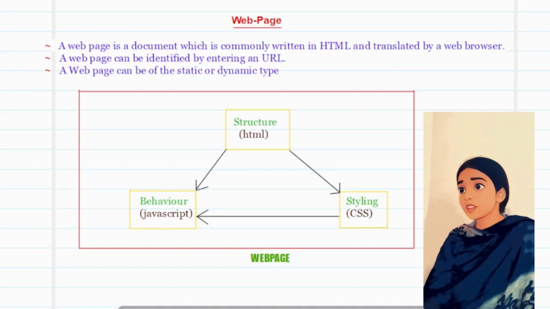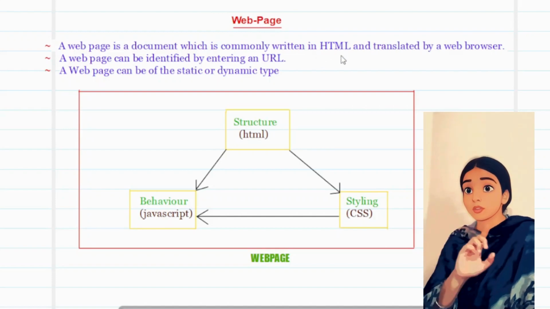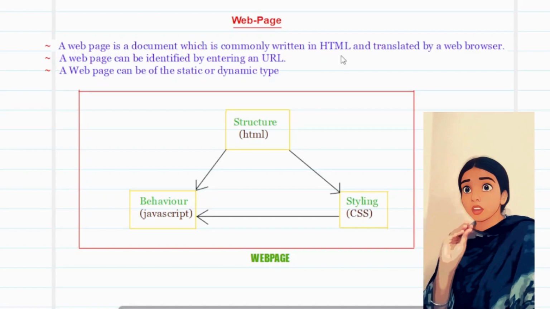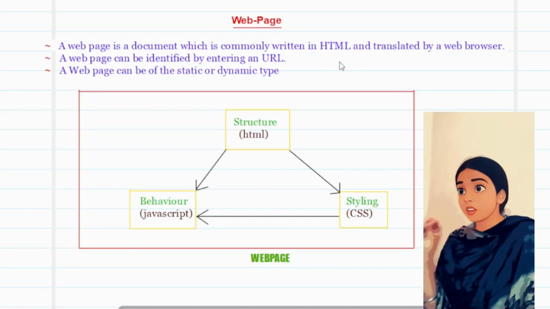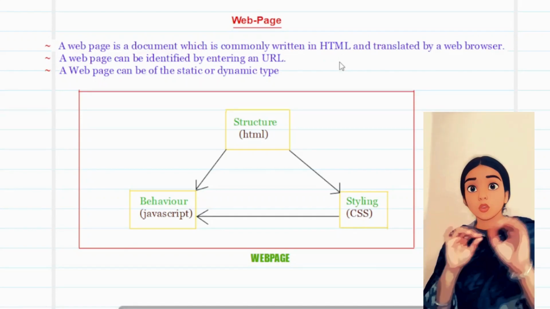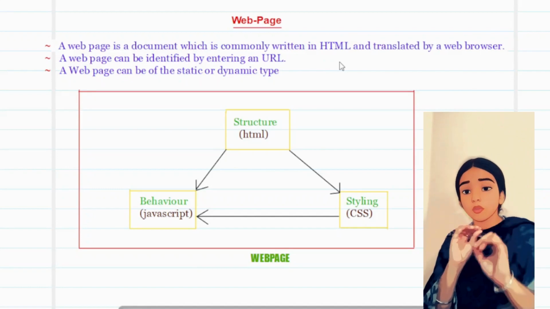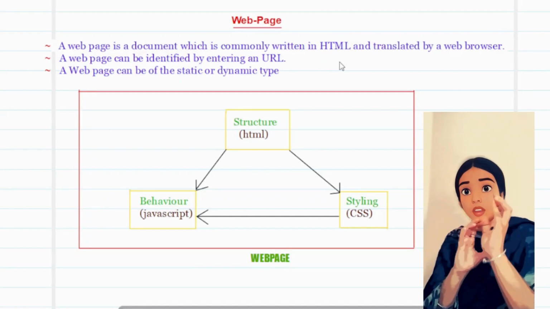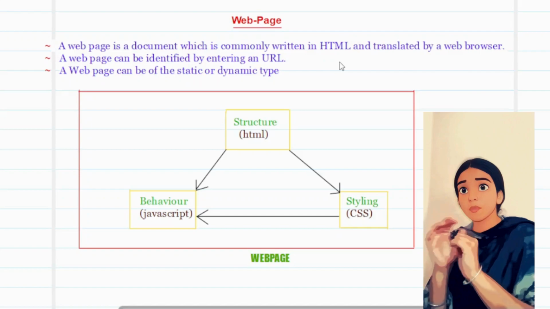Now next is about the web page. So what is a web page? It is a document which is commonly written in HTML. As I already told you while explaining markup language, we use HTML in a document to turn it into a web page, giving a layout and formatting to that document.